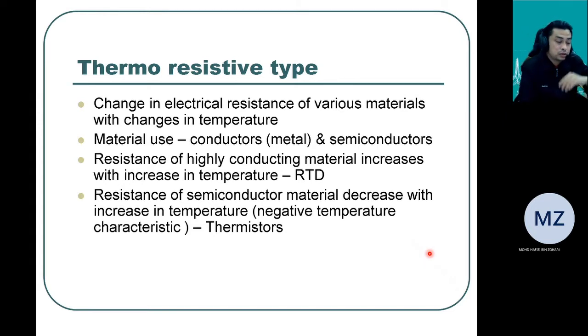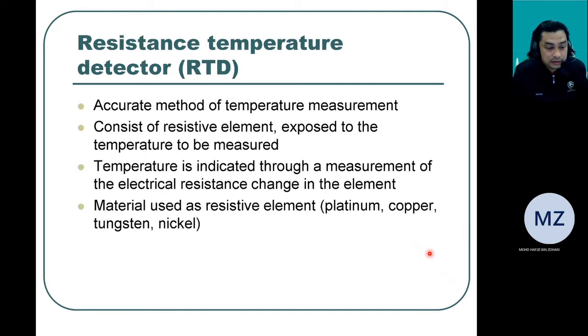It's either one. The first one we're going to look at is the RTD, resistance temperature detector. We're going to look at this one first, and then go to the second one, which is the thermistor.